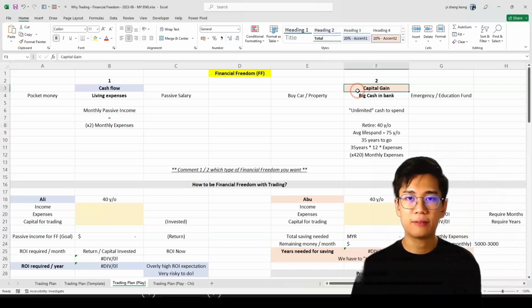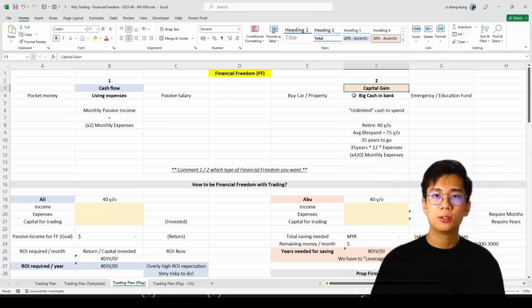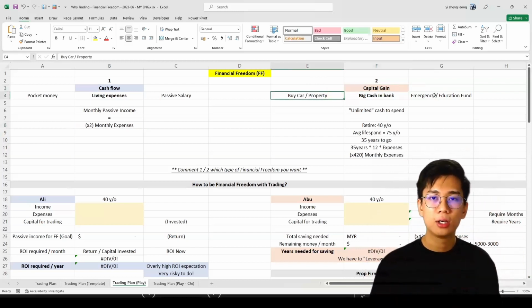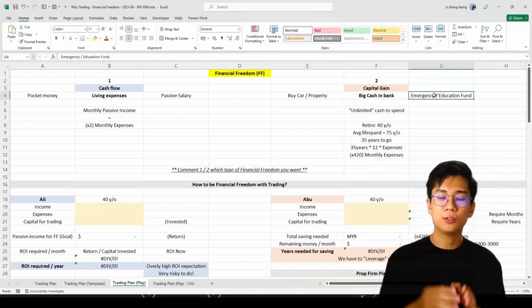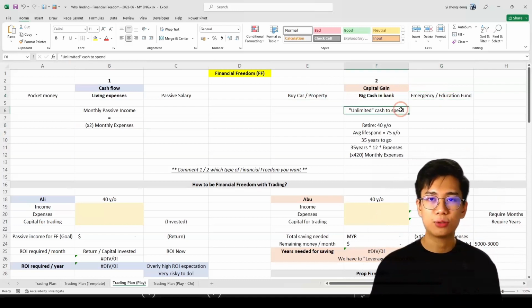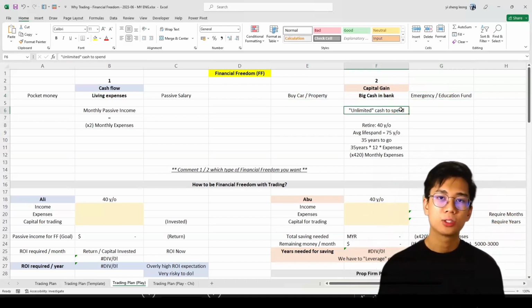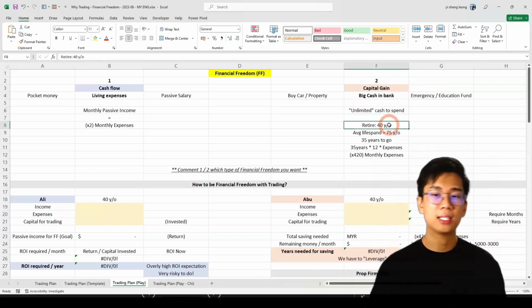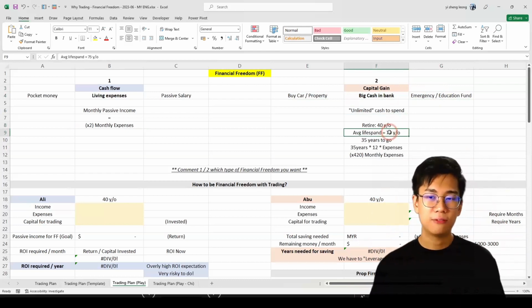If you prefer the capital gain type, meaning you would like to have a big amount of money to buy a car, properties, or save for an emergency fund. In human language, we call this unlimited cash to spend. So we put a benchmark, average retirement. Let's say you want to retire at 40 years old, with an average lifespan of 75 years old.